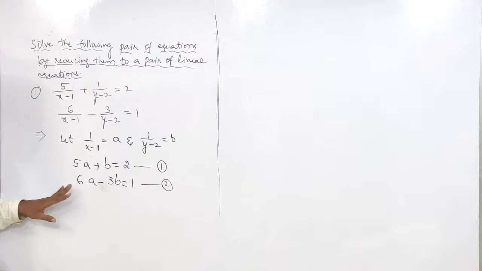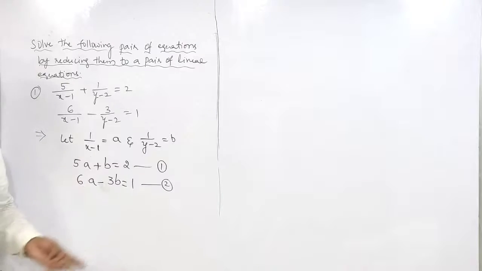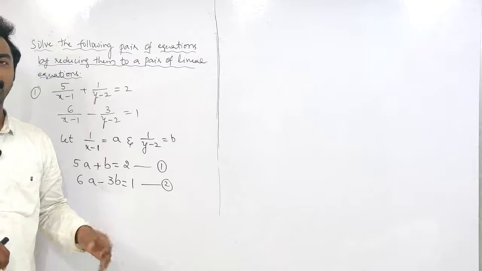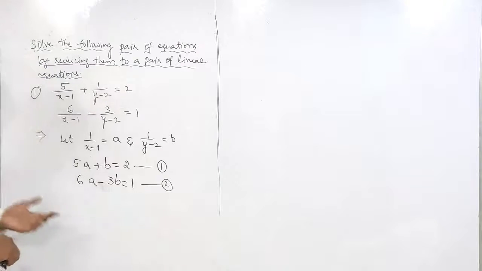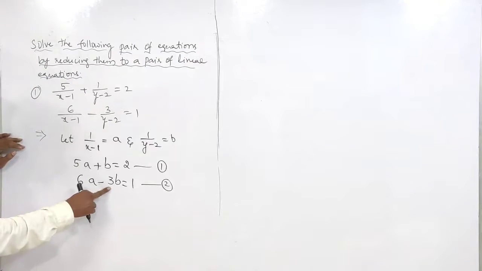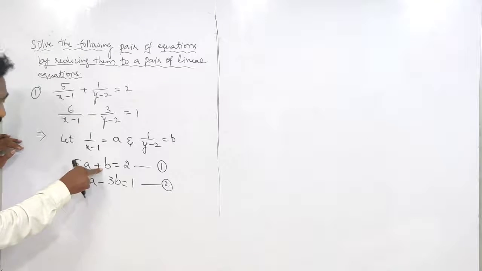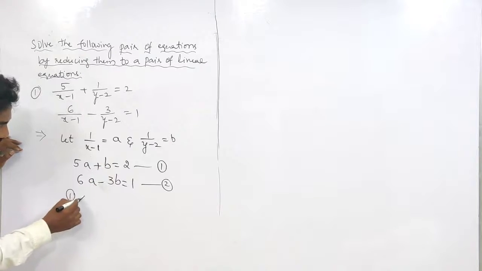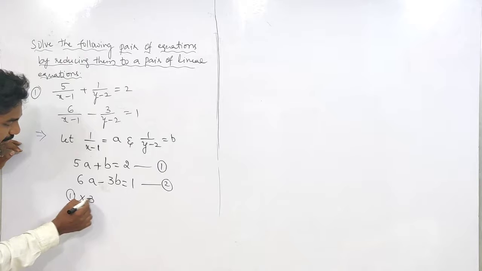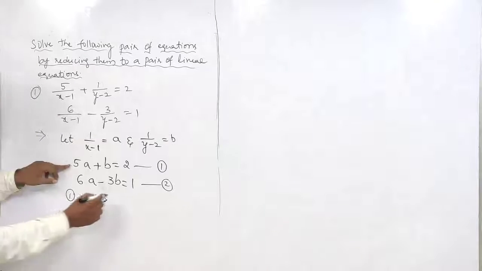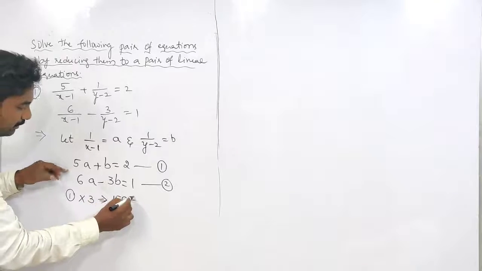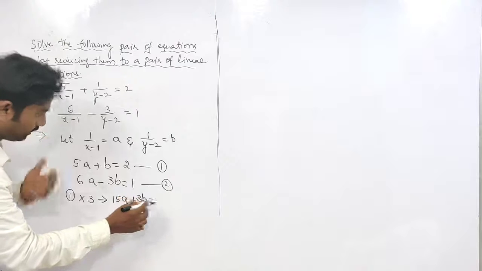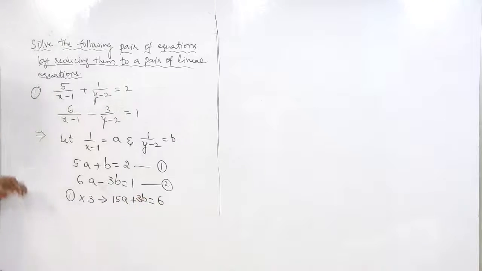We can solve this by using either the substitution method or the elimination method, whichever is easy here. Here we got b, here 3b. So what I do is multiply the first equation with 3. 3 fives are 15a, plus 3b, is equal to 3 twos are 6.